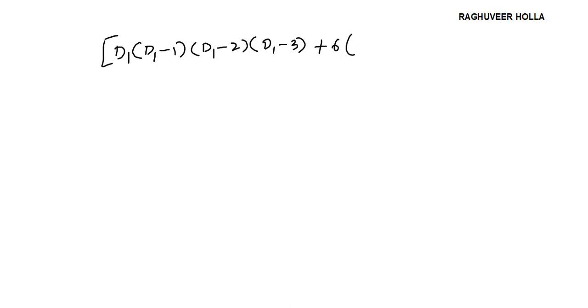So the first one would be d1 and d1 minus 1, again d1 minus 2, and d1 minus 3, plus we have 6 times d1, d1 minus 1, and d1 minus 2, and further 9 times d1 and d1 minus 1, close the brackets.